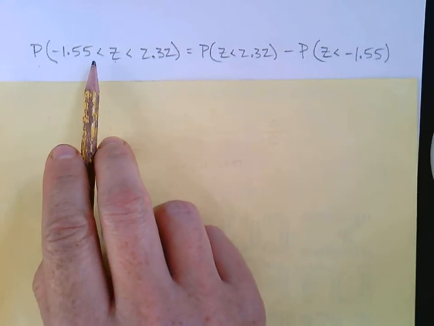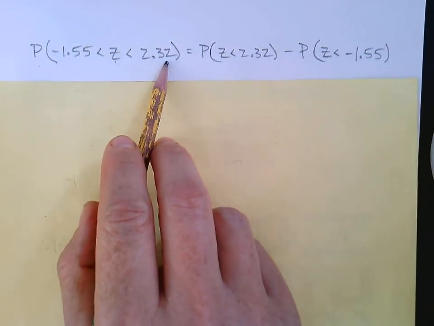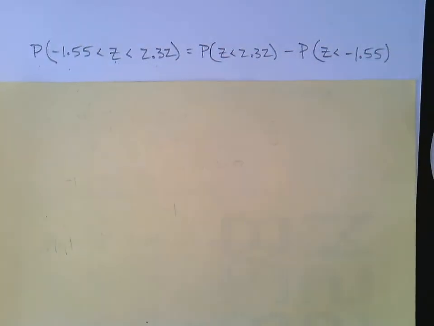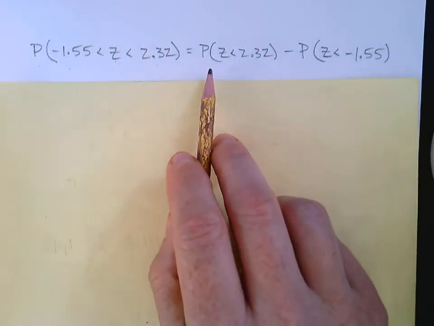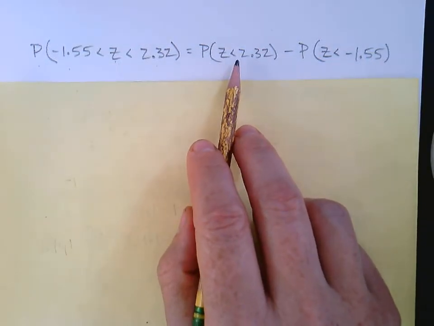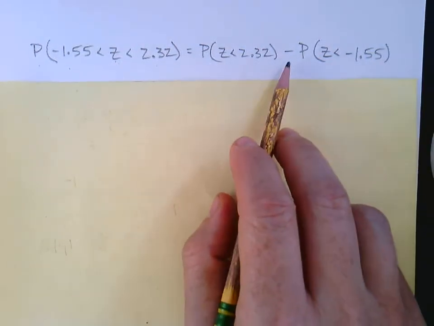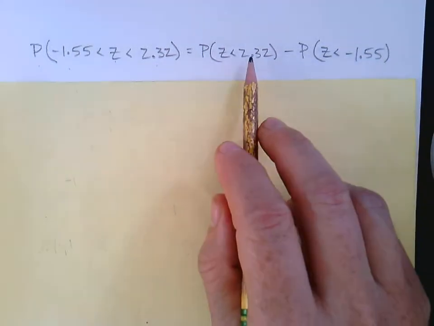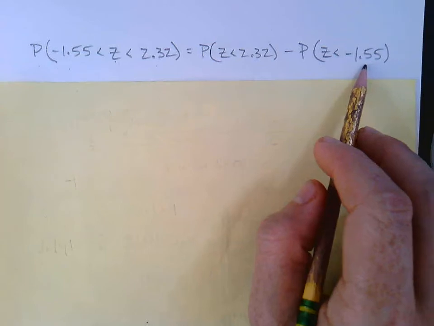So negative 1.55 less than Z less than 2.32, our smaller Z score and our bigger Z score. And how are we going to go about that? Well, we take the probability that Z is less than 2.32 and subtract the probability that Z is less than negative 1.55, the bigger Z score minus the smaller Z score.